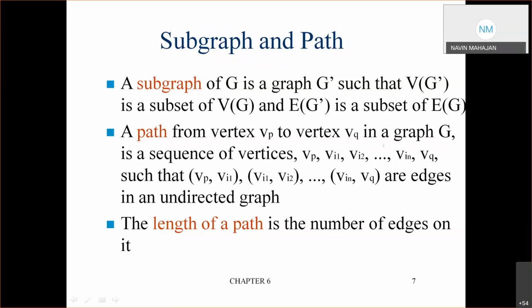If there are different vertices in between, then I can write all the vertices in order: VP, VI1, VI2, up to VIN, then VQ, such that VP to VI1, VI1 to VI2, VI2 to VI3, and the last VIN to VQ are edges in an undirected graph.